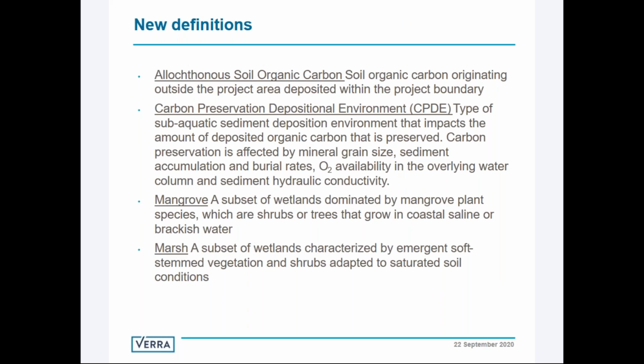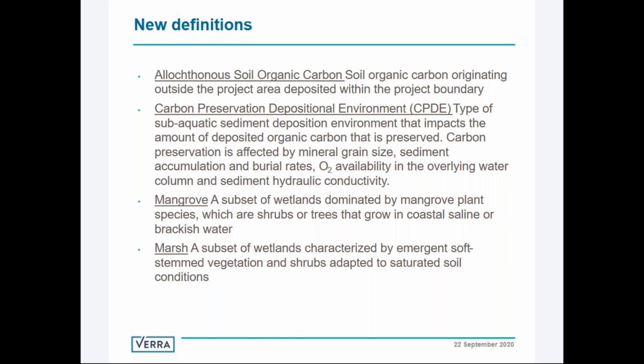Now, there are a number of key definitions which are included here. I will highlight the first two: allochthonous soil organic carbon. And so we provide procedures for a deduction for carbon that's brought in from other parts of the environment into tidal wetlands. And we also provide a definition and procedures for carbon preservation depositional environments.